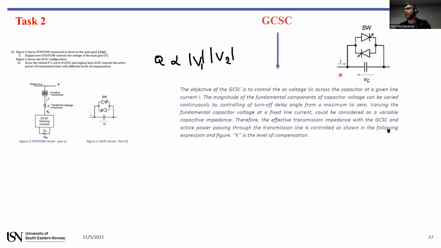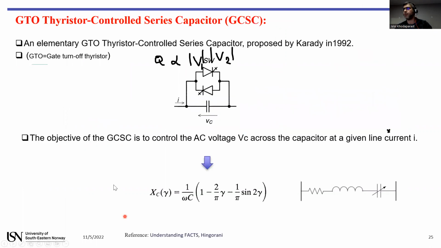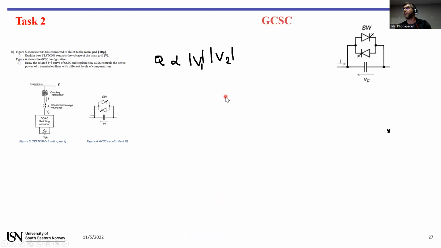And for the GCSC, we know that the objective of GCSC is to control the AC voltage. The GCSC wants to control this voltage, VC, across the capacitor to have a variable capacitor. The magnitude of the fundamental component of capacitor voltage can be varied continuously by controlling the turn-off delay angle. I showed you this before. With this gamma, you can control the reactance of the whole system. It's possible with GCSC.